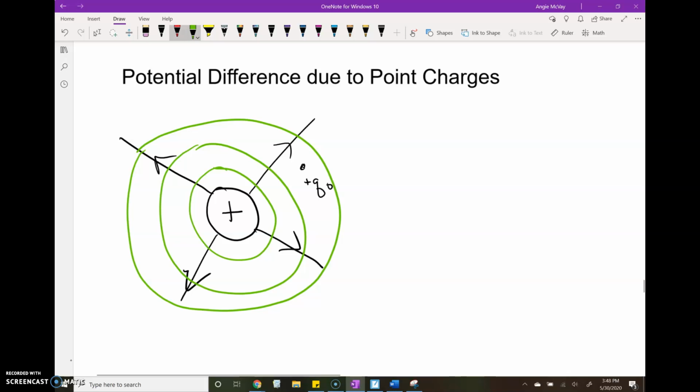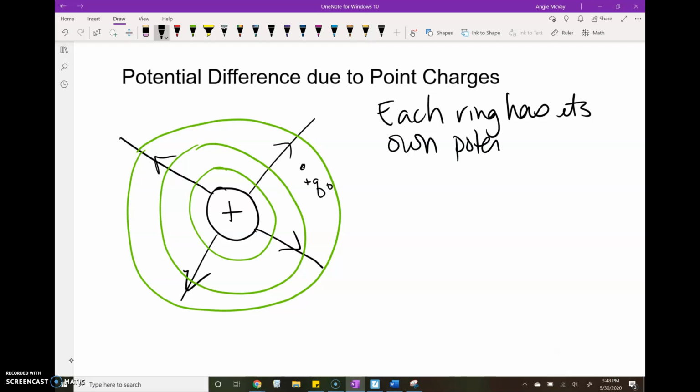So each ring has its own potential, V. And for a point charge, you calculate the potential at any point around that point charge as Coulomb's constant, K, times the charge Q over R. And I'm leaving off the absolute value signs for this because you will get a negative potential for a negative charge and a positive potential for a positive charge.